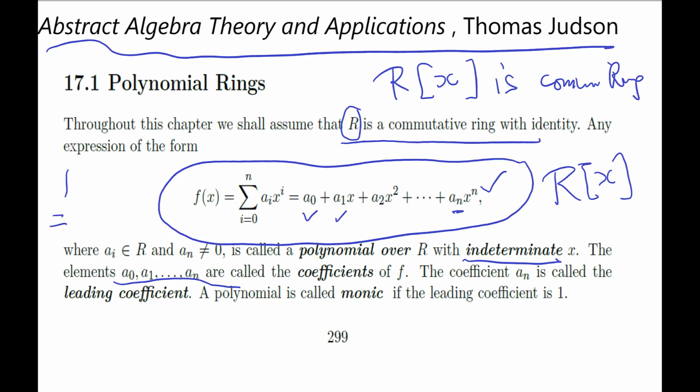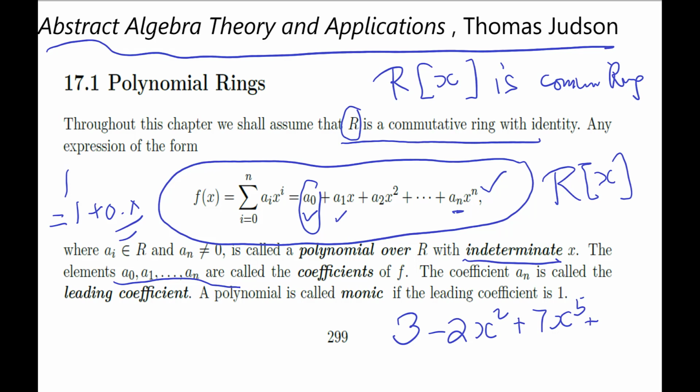Why does it have an identity? Because 1 is a polynomial of degree 0, since there is no other term there. It has only a constant term, and that is a 1. So for example, 3 minus 2x squared plus 7x to the 5 plus x to the 9 is a polynomial over the ring of integers.